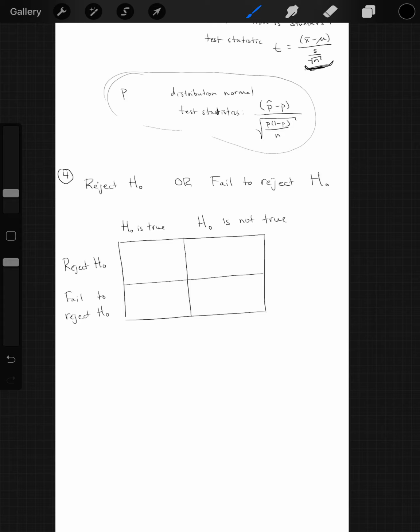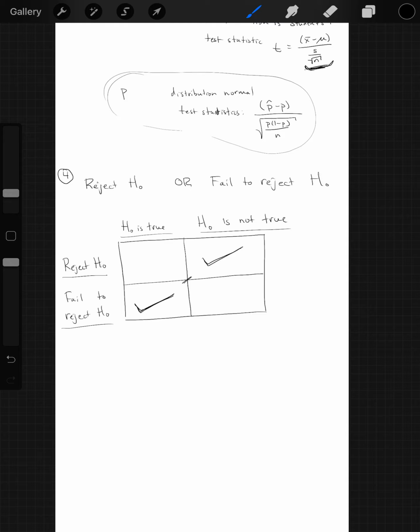So if we reject H naught and H naught is incorrect, then we did the right thing. If our conclusion is we want to reject H naught and H naught was incorrect, we should reject it and we were correct in what we did. Now, if H naught is true and we fail to reject it, we have also done the correct thing, because we don't want to reject a statement if it's true.